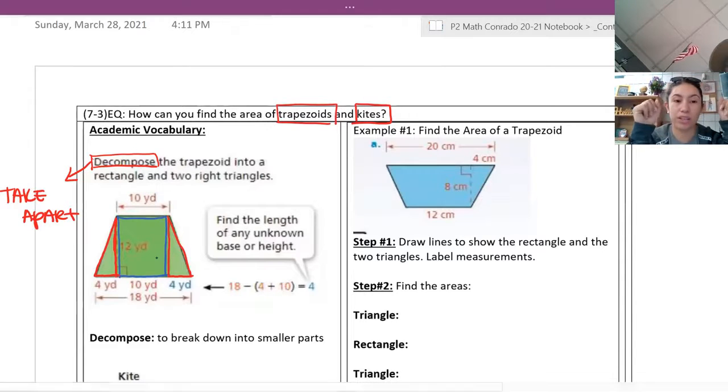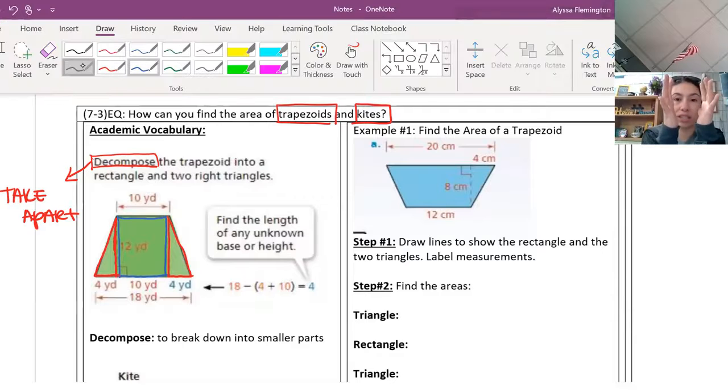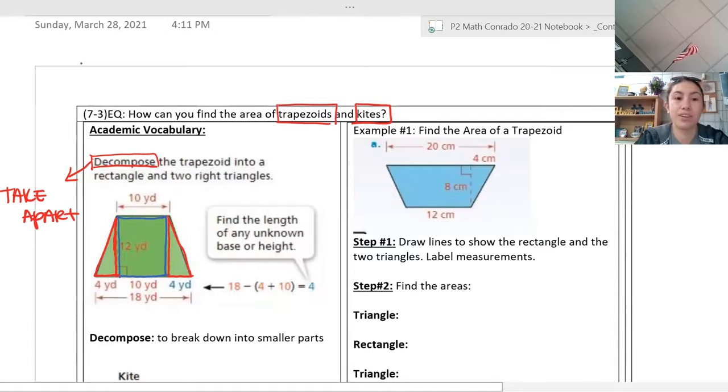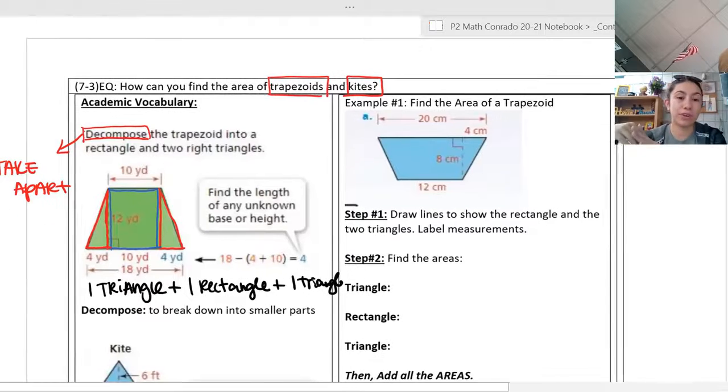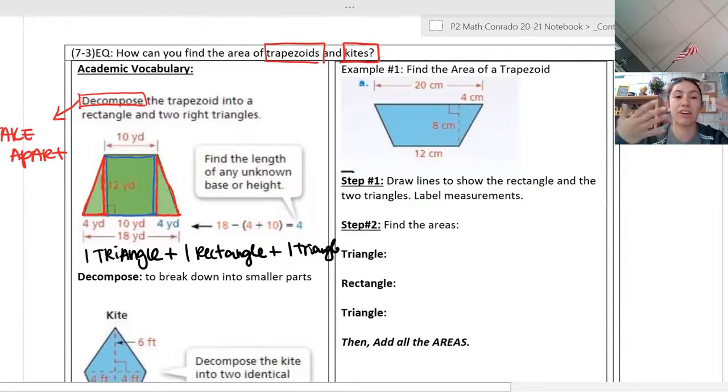When we compose and put all of these shapes together, it makes a trapezoid. So a trapezoid is made up of triangles and the shape of a rectangle. Because we know the area formulas for a triangle and for a rectangle, we can find the area for a trapezoid.